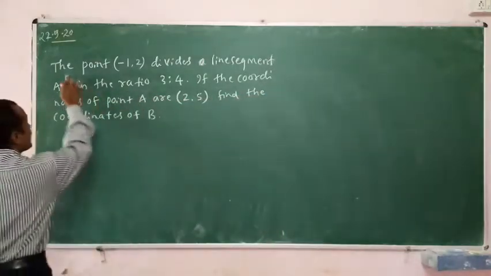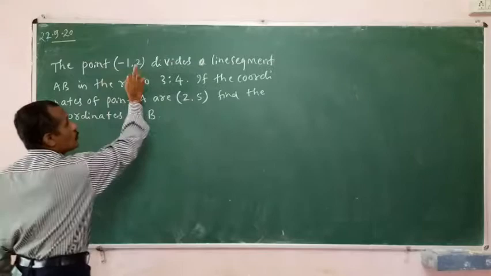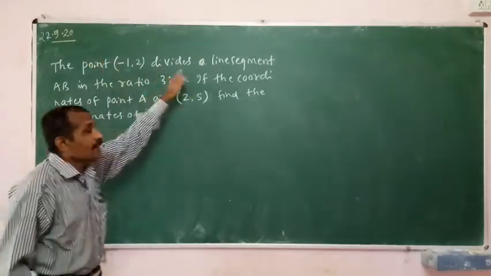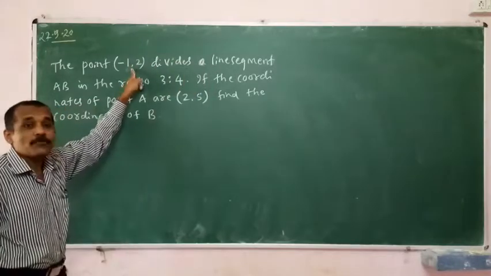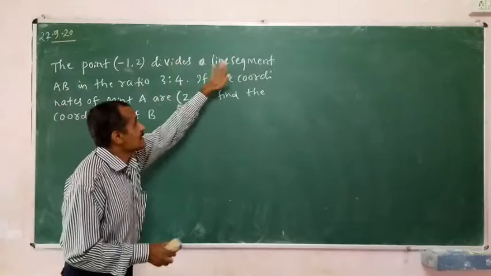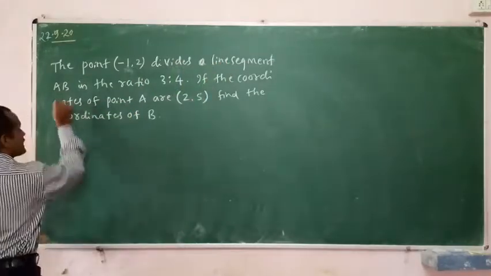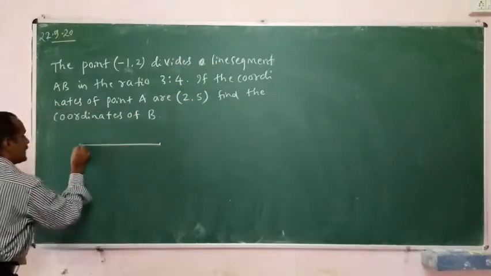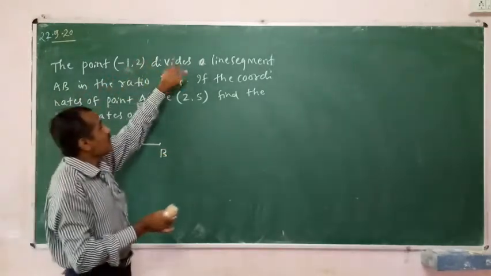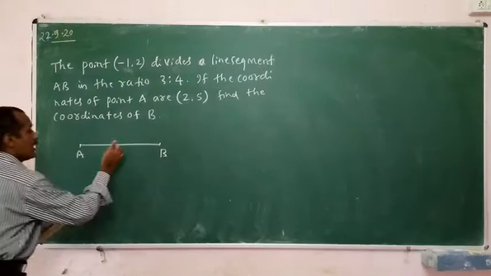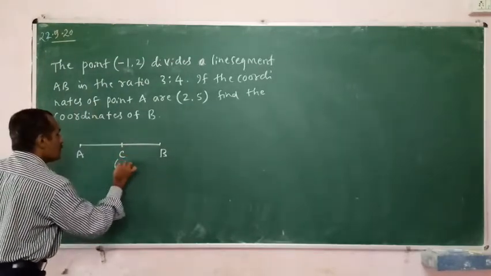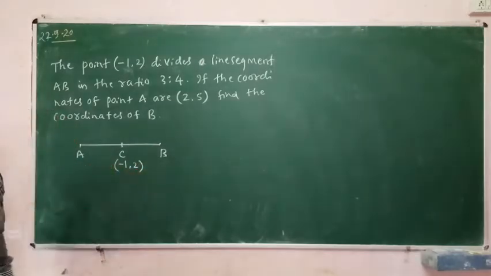What do they say? The point (-1, 2) divides a line segment. Try to understand. This point divides the line segment, that means this is the point of intersection. That means there is a line segment AB, and that line segment AB is divided by a point, which we will call point C, whose coordinates are (-1, 2).